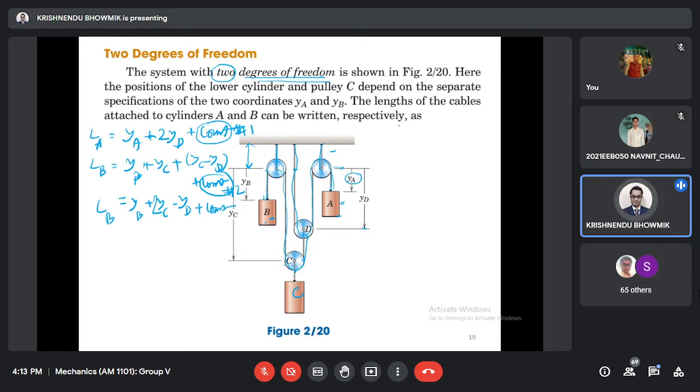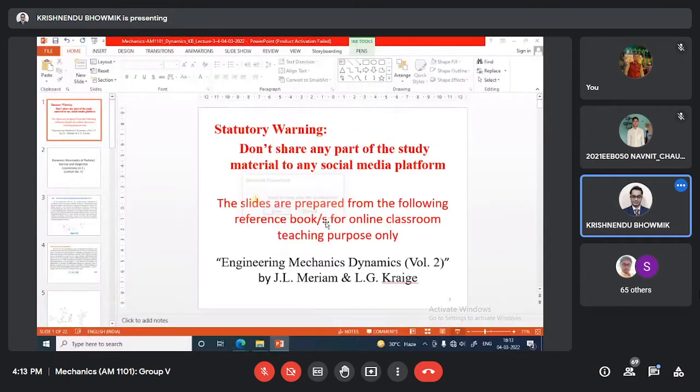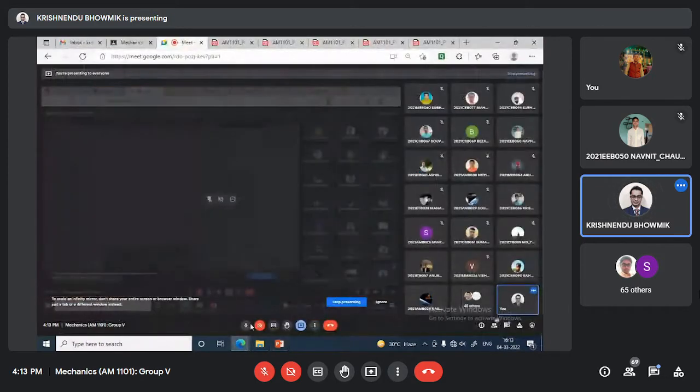Now if somebody wants to do the derivative, as the length is the same, you can write this way: YA dot plus 2YD dot equal to 0.